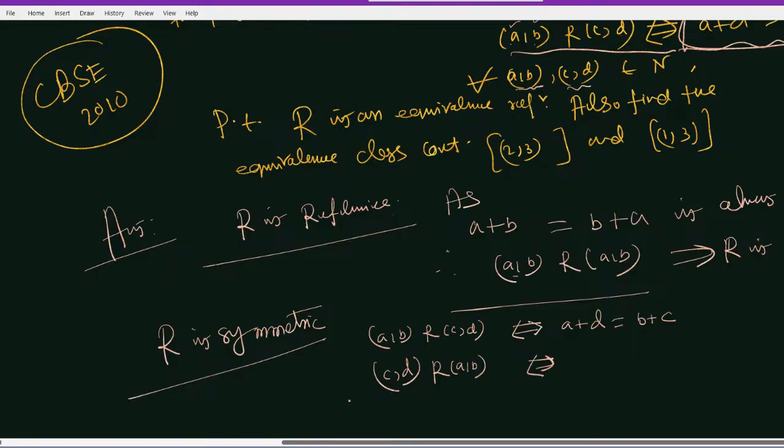What's the condition? C plus B equals D plus A. That is, just the reverse. So this 1 and 2 will tell you the same fact.